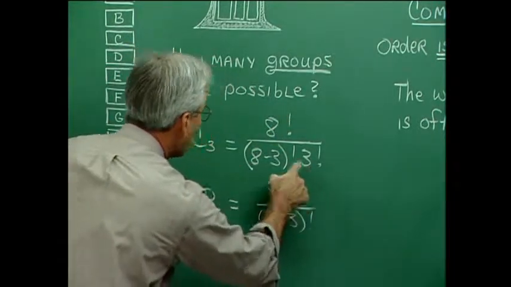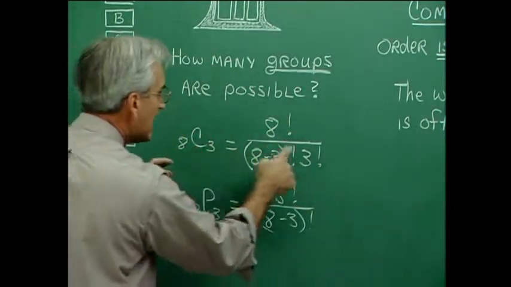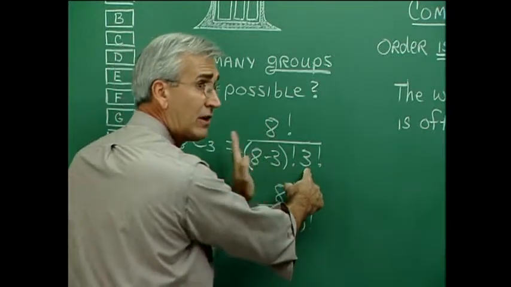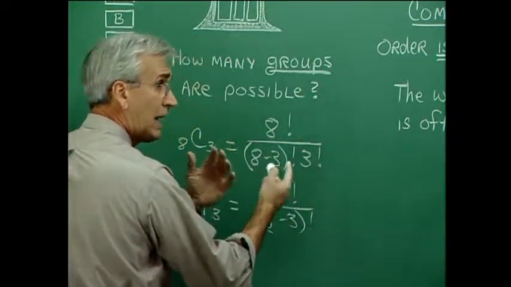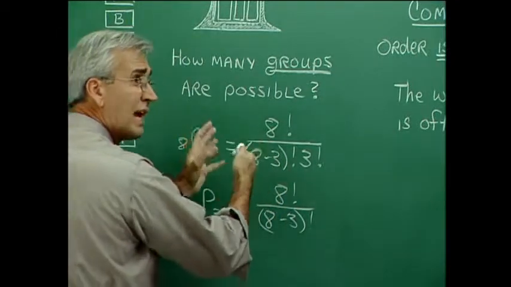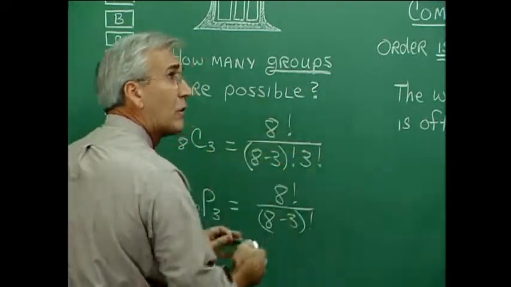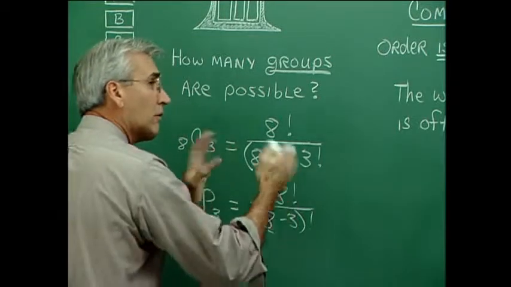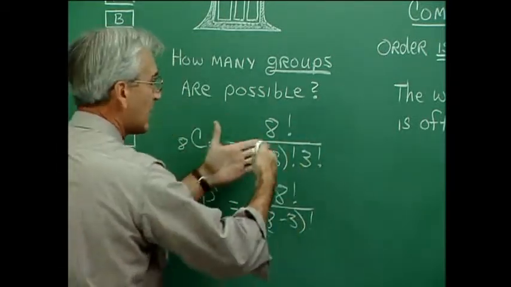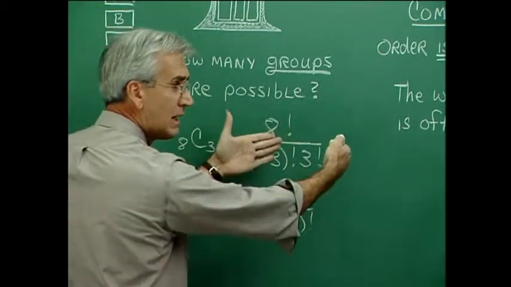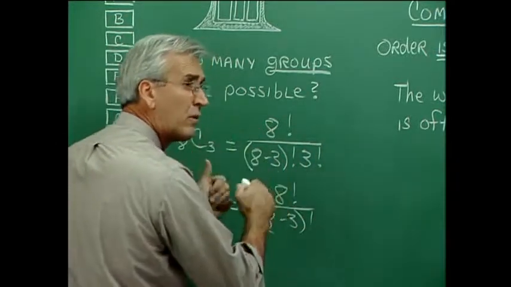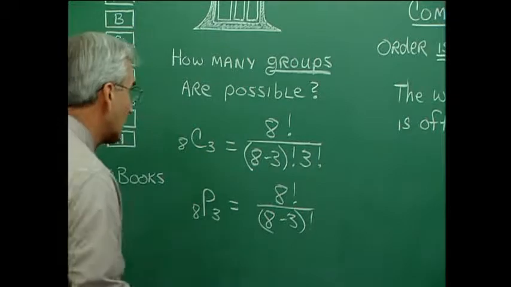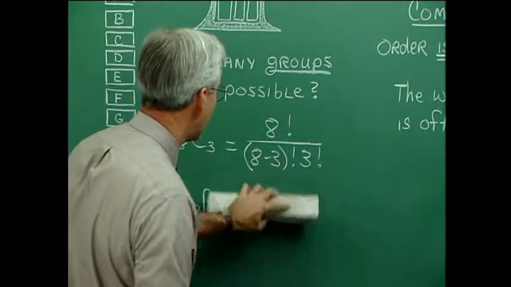The 3 factorial here in the combination formula is simply designed to divide out those duplications involving the same group being arranged. It's the idea that ABC and CBA are the same group. Different arrangement, same group. We want to divide those out. All right, and this accommodates that with that 3 factorial.